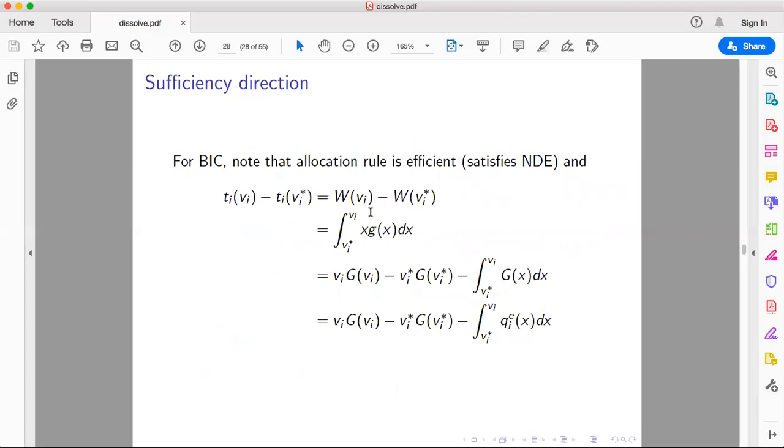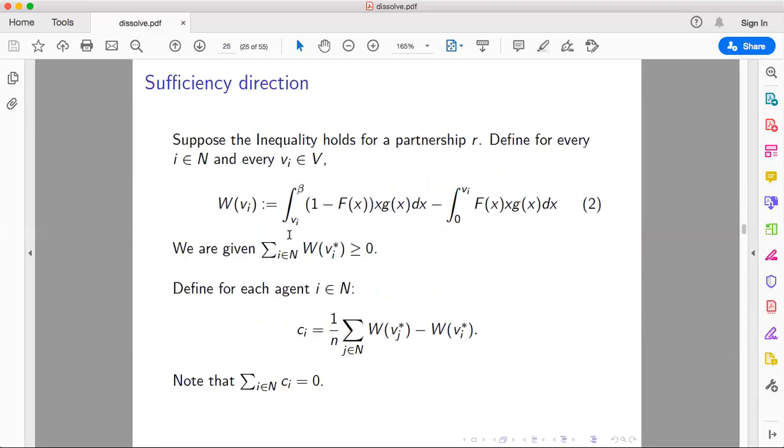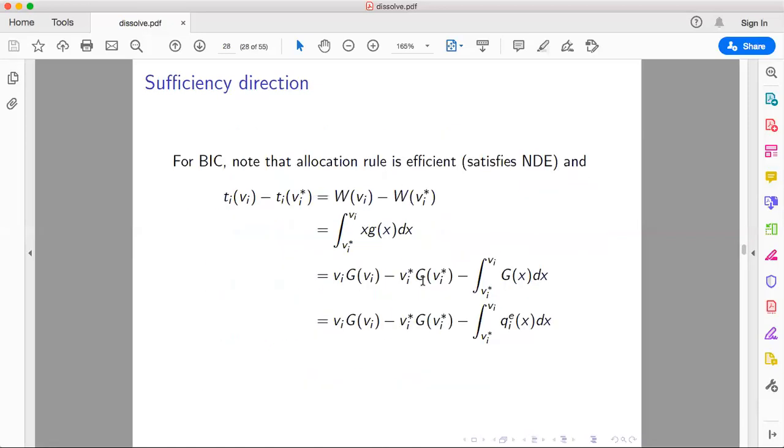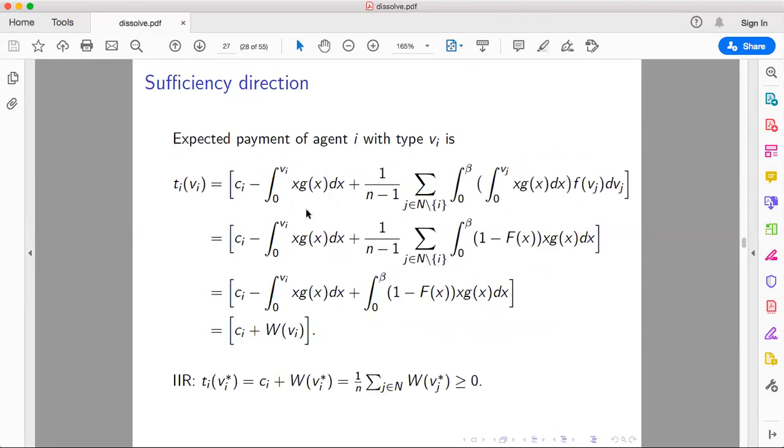So Ti(Vi) minus Ti(V star i) is this, and by construction, if you look at the W(Vi) formula, it will just boil down to this, and this basically expands to this. So it just follows from our construction that it is Bayesian incentive compatible.